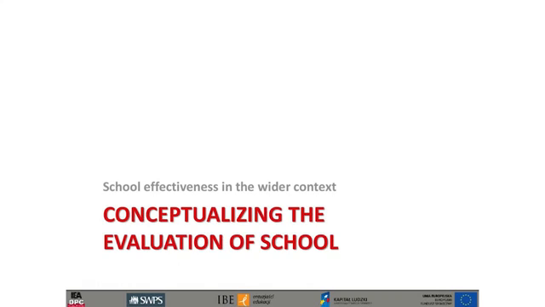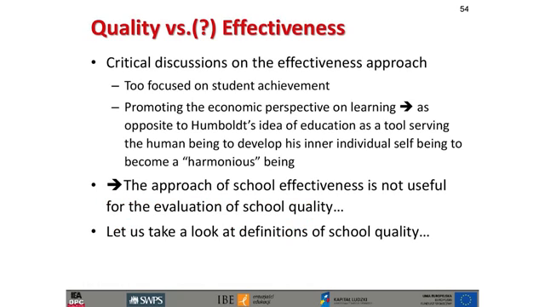So conceptualizing the evaluation of school. There is no way around a discussion on quality versus, and with a question mark if it's really versus, effectiveness. So the critical discussions on the effectiveness approach was that it is too focused on student achievement, especially, of course, at the beginning, and that it promotes the economic perspective on learning as opposed to Humboldt's idea of education as a tool serving the human being to develop his inner individual self-being to become a harmonious being.